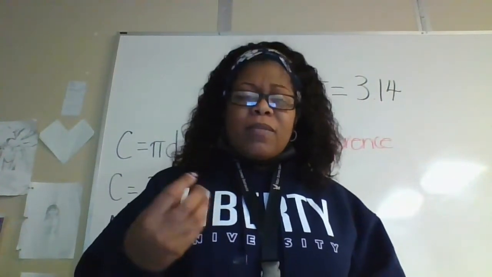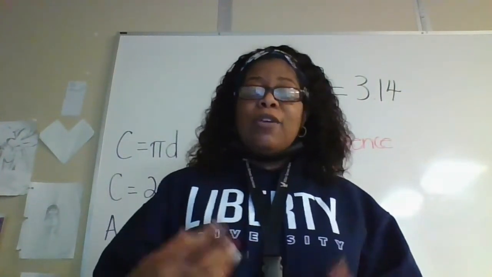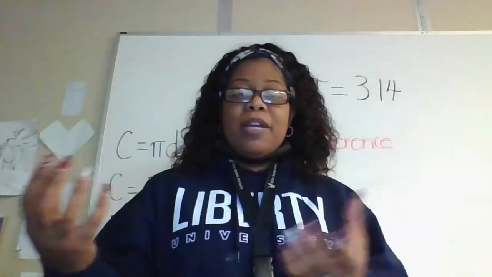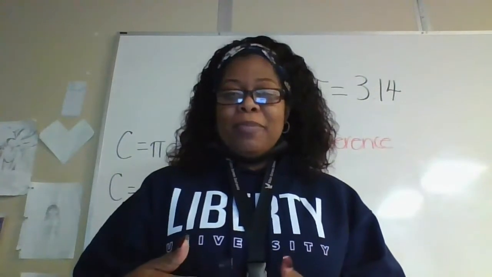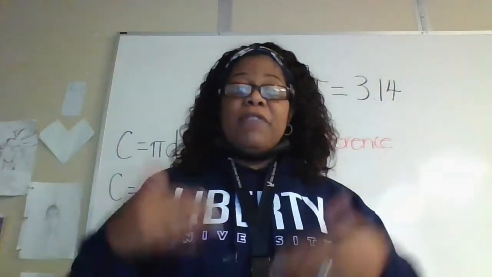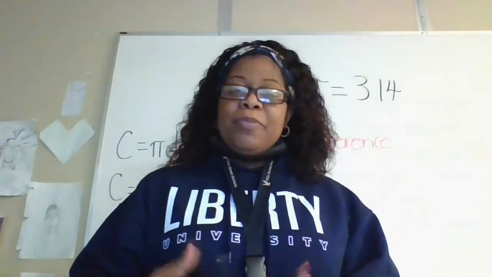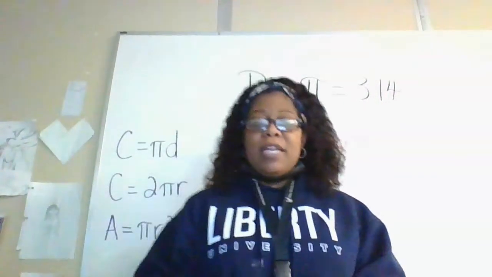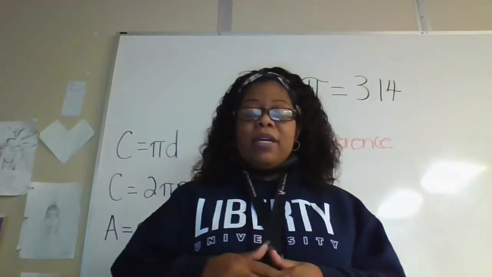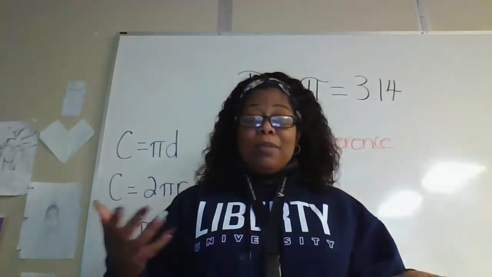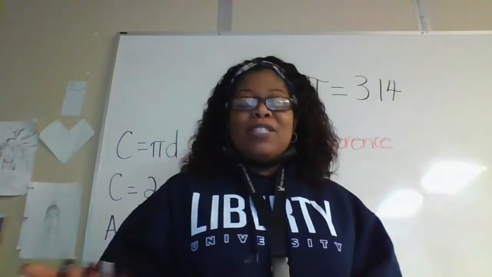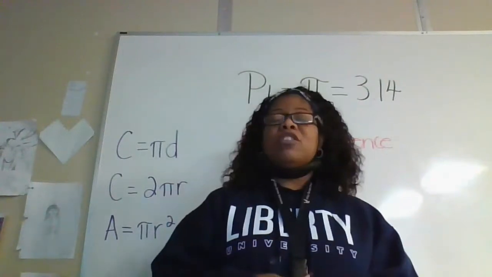Well, pi is actually the ratio of the circumference compared to the diameter, or the circumference divided by the diameter. And what happens is if you take the circumference of a circle and divide it by the diameter of a circle, it gives you the same number. And that number is 3.14, or pi.